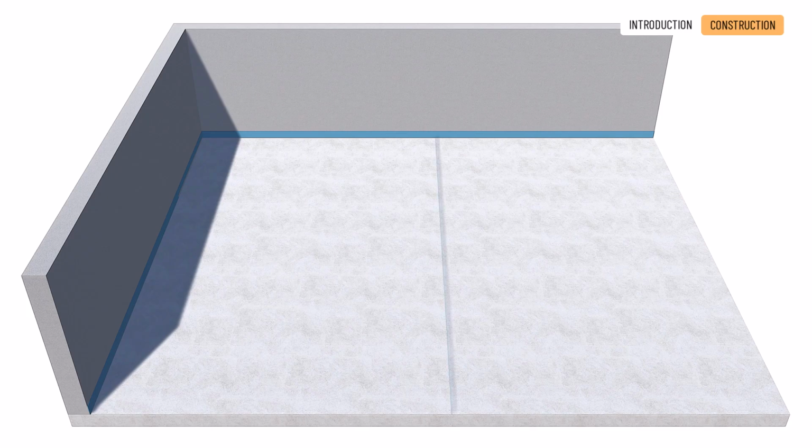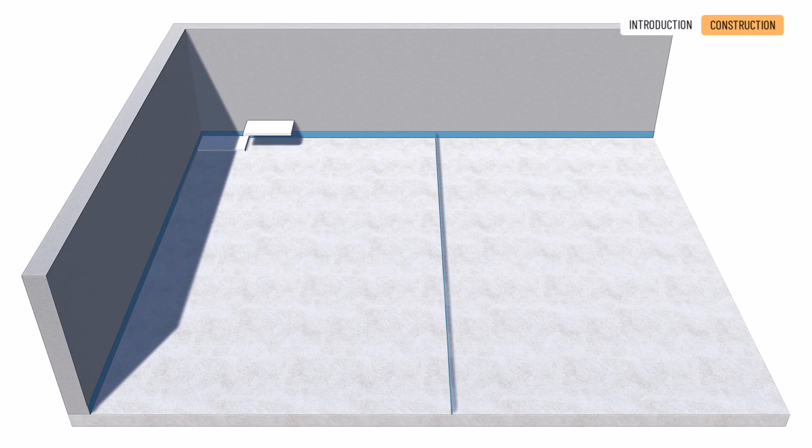Install expansion joints to divide the subfloor into smaller sections if any surface length exceeds 8 meters, or if the area is larger than 25 to 40 square meters, or if the side ratio exceeds 3:1.